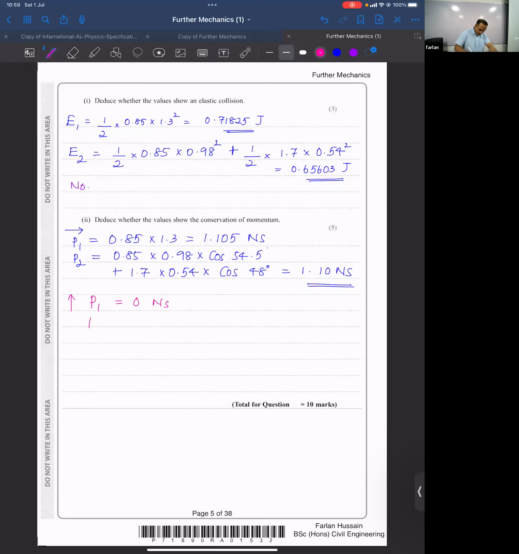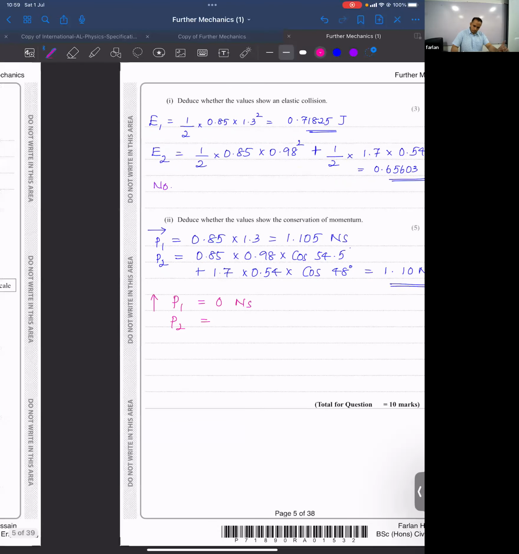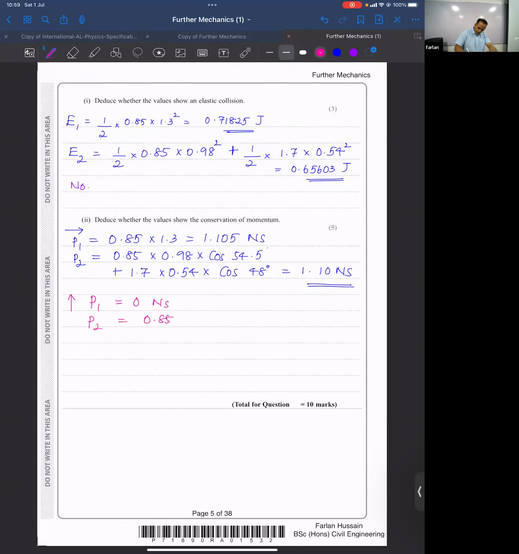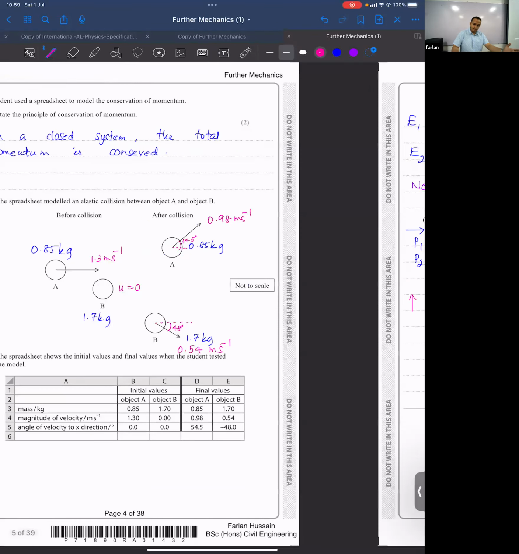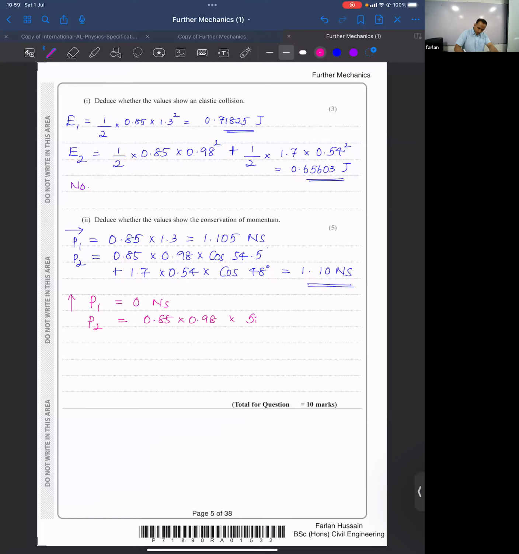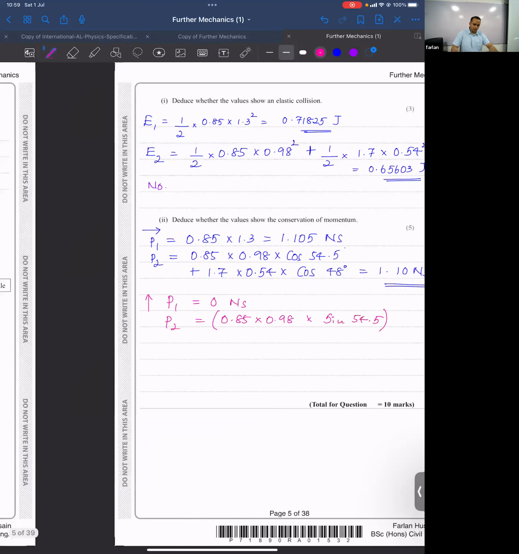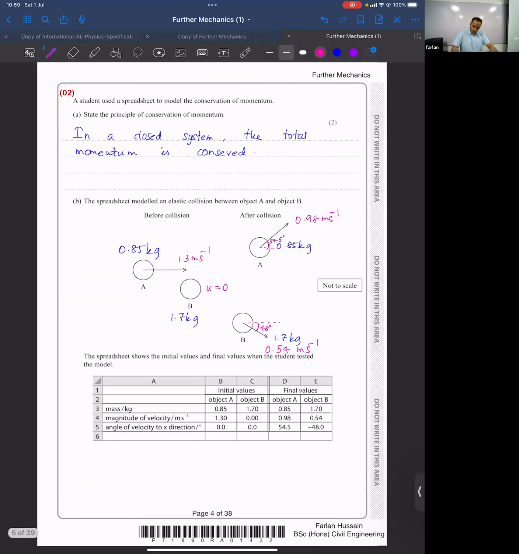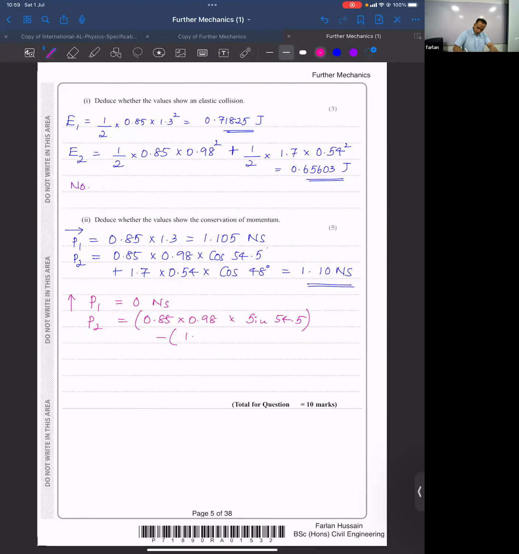So along the y direction, what is the final momentum? 0.85 into 0.98 into sine 54.5, then minus 1.7 into 0.54 into sine 48.